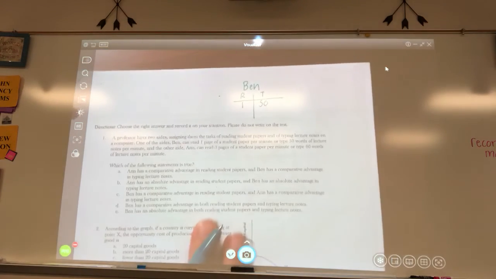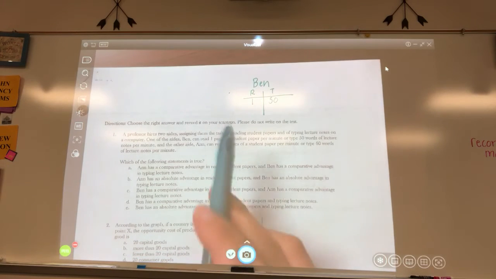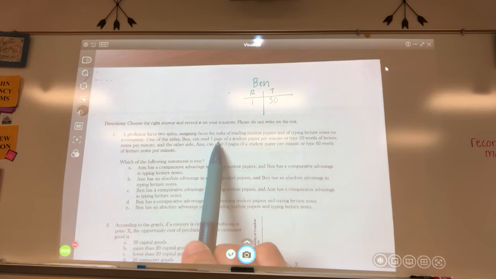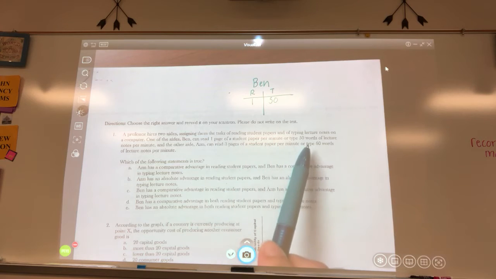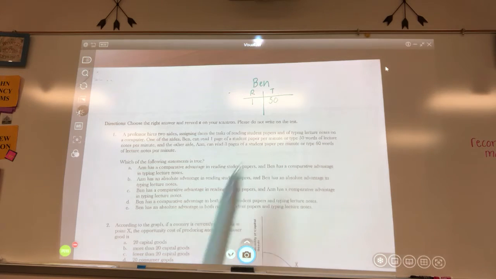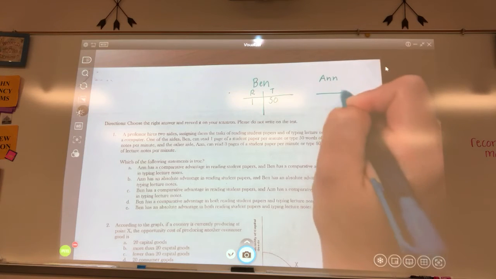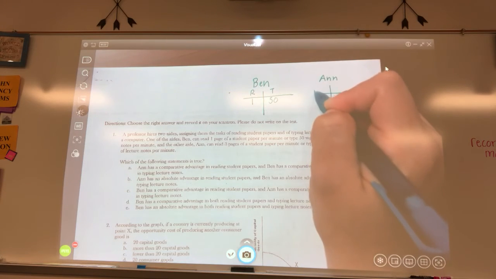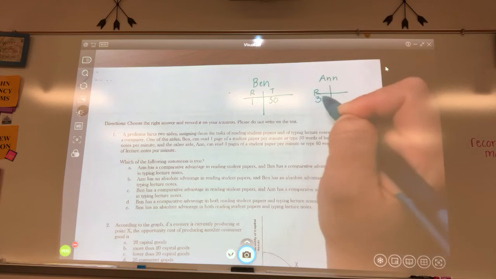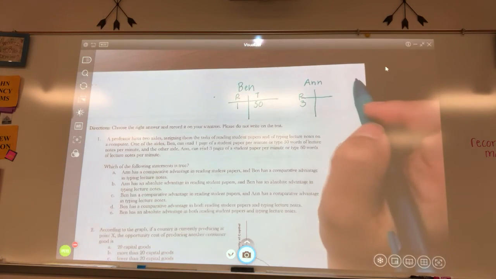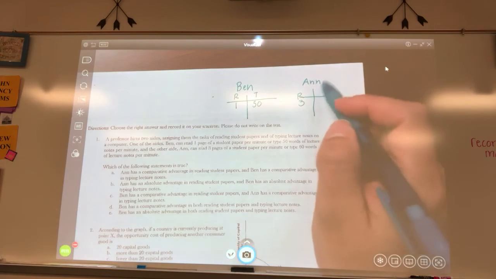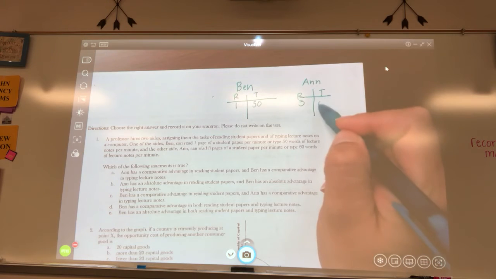So I've written Ben. The other aide, Anne, set up my little diagram, she can read 3 student papers per minute, wow. And Anne can type 60 words.